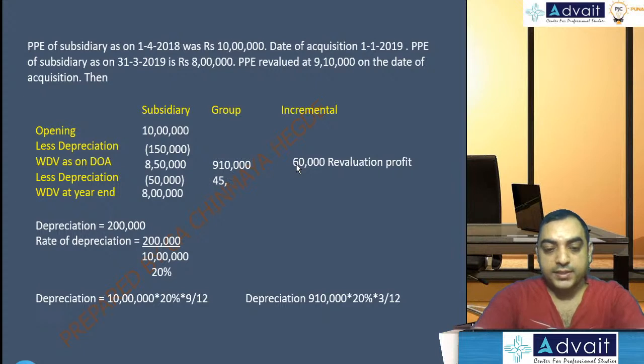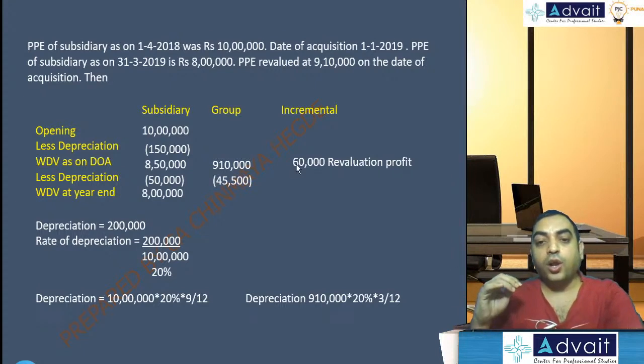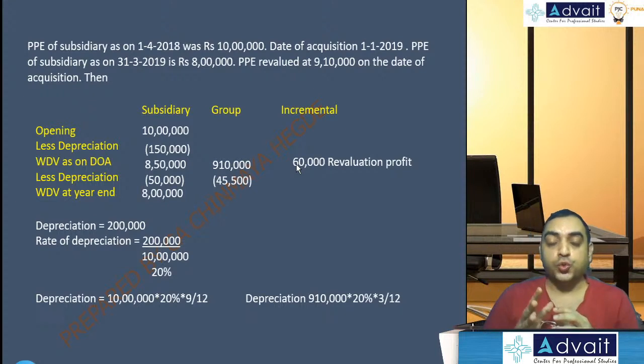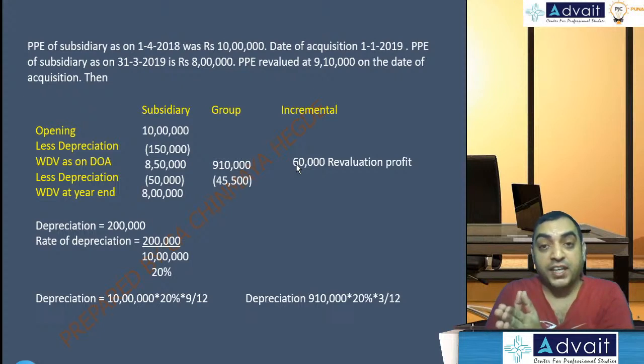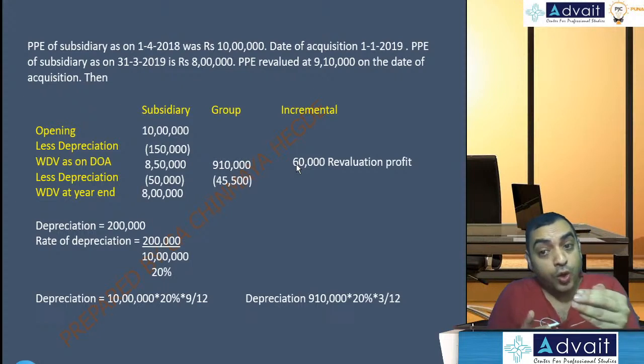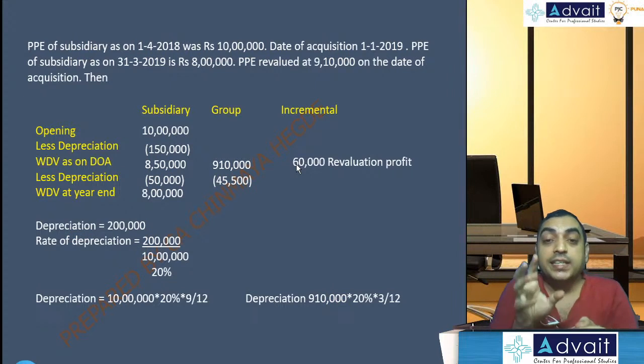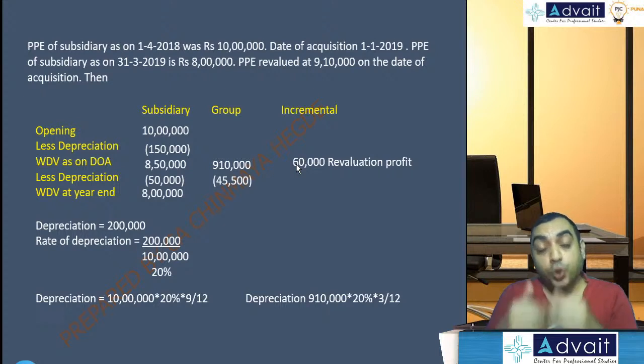So this is what is important. Depreciation already charged to P&L account of subsidiary was 50,000, but based on the revalued amount you are supposed to charge only 45,500. So you have charged more, you're supposed to charge less. The difference 4,500 is to be reduced.